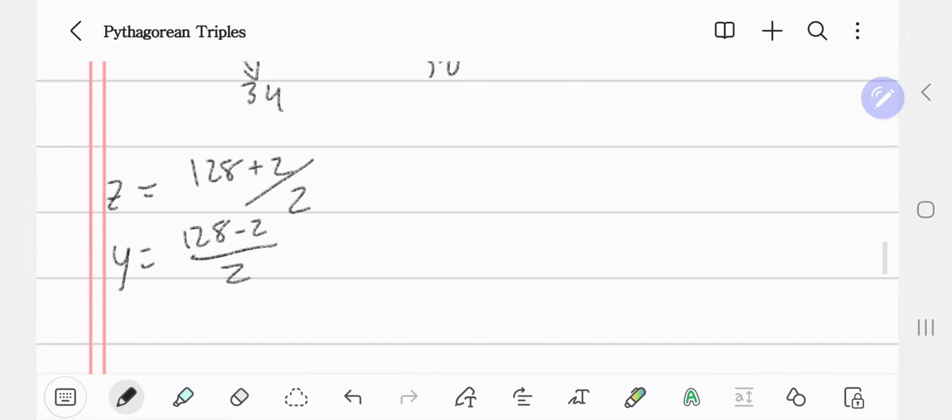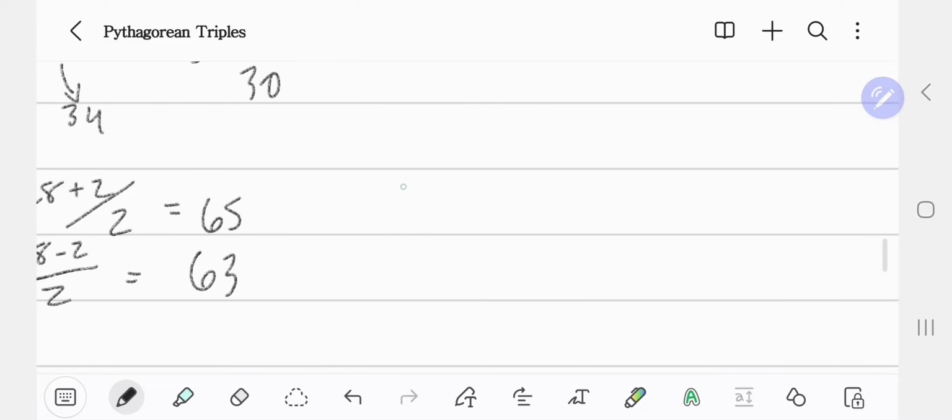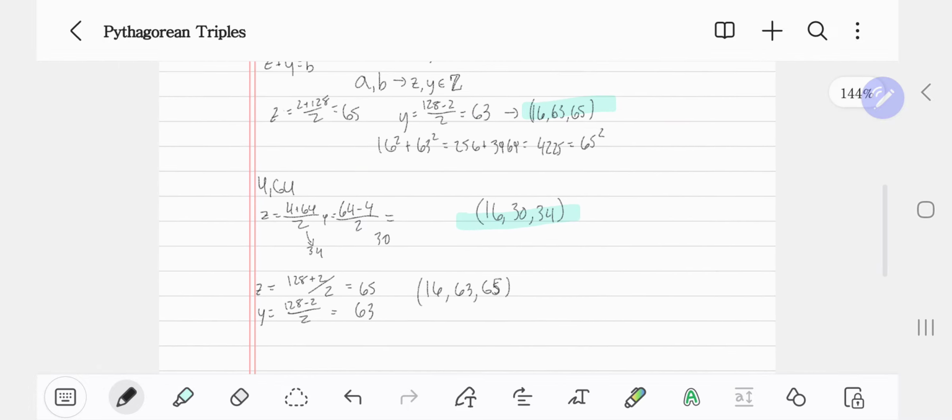So 130 over 2 is 65, and 126 over 2 is 63, and for this Pythagorean triple we have 16, 63, 65. Let me double check I didn't make any others. Oh wait, I did that one already. I'm just tying myself in knots here.